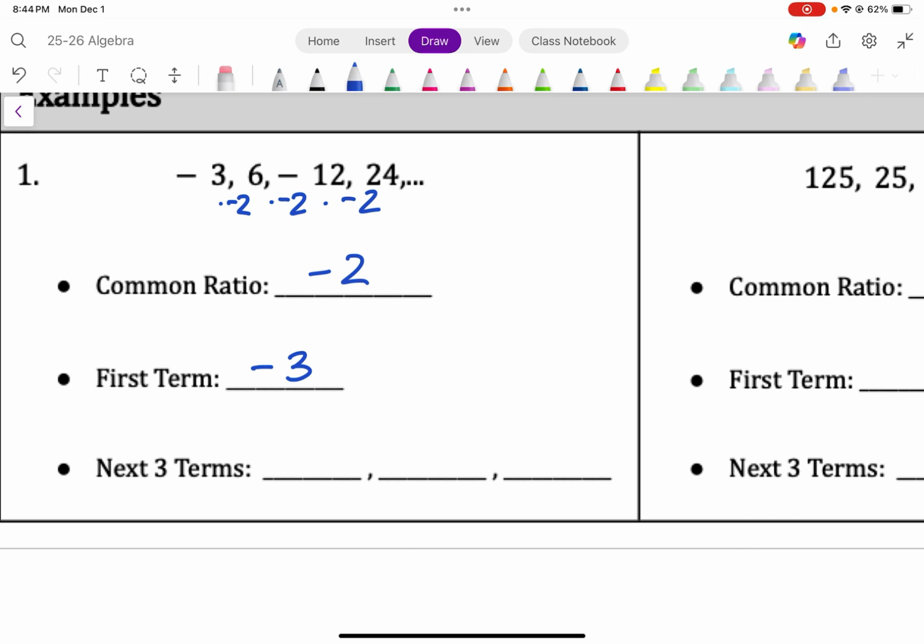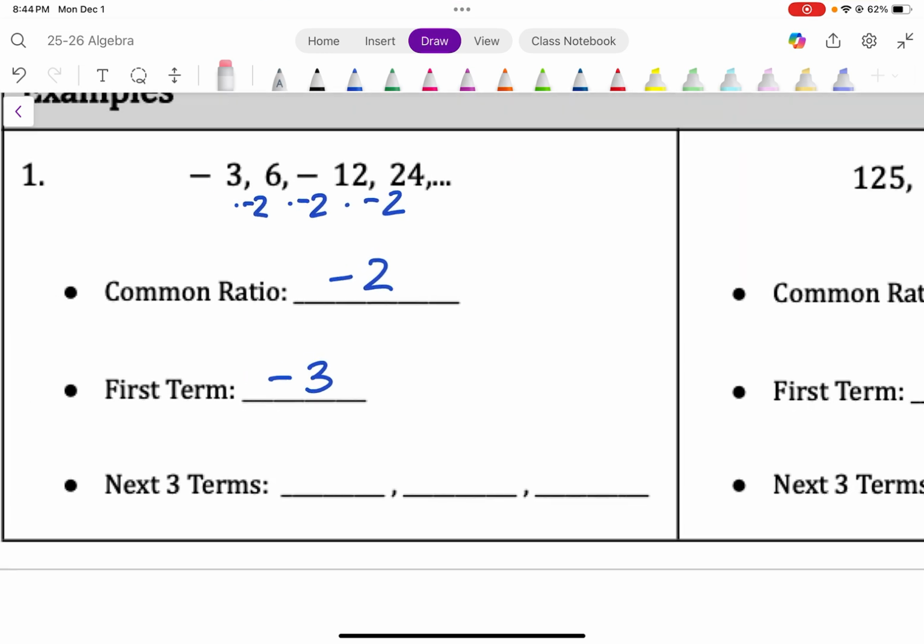So a positive times a negative is negative. And, oh, why did I say -3? I meant to say -2. So we're multiplying by -2. 24 times -2 would be -48. When I multiply that by -2, I'm going to get positive 96. And when I multiply that by -2, negative 192.